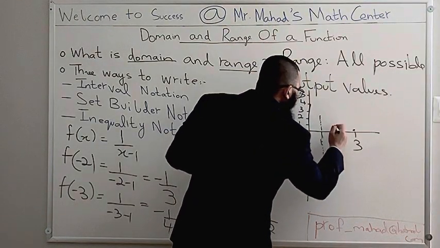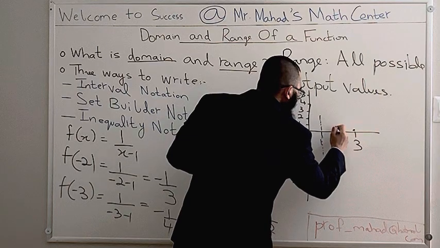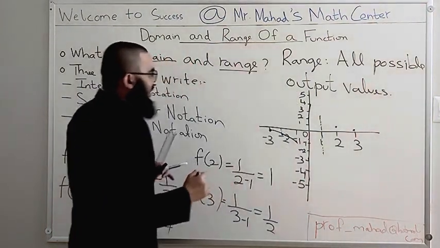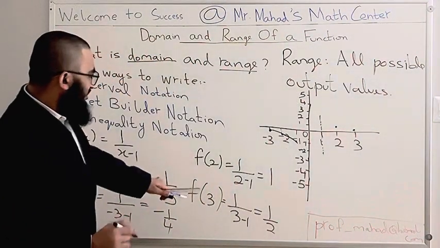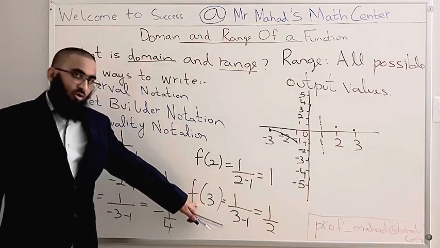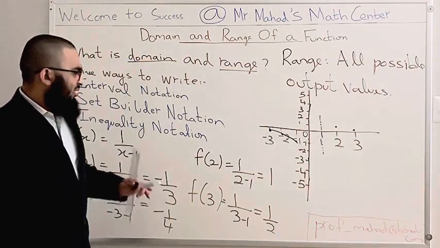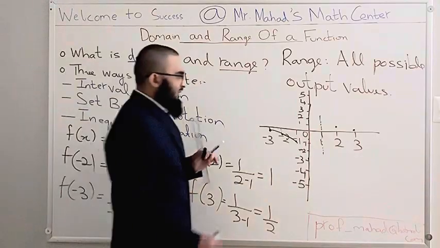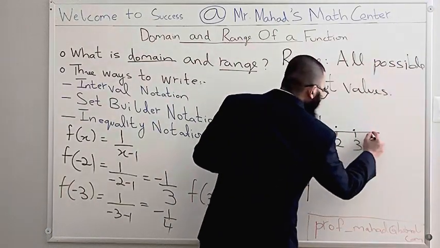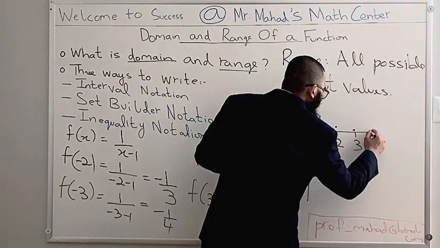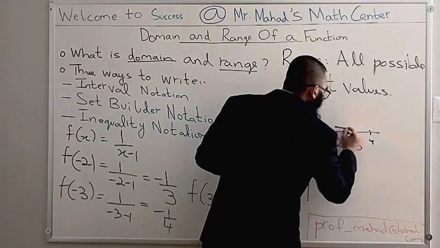It's going to be a bit above, okay? And then so on. When x would be 4, it's going to become 1 over 4 minus 1, which is 1 over 3, which is even smaller than this. So it's going to be like this.